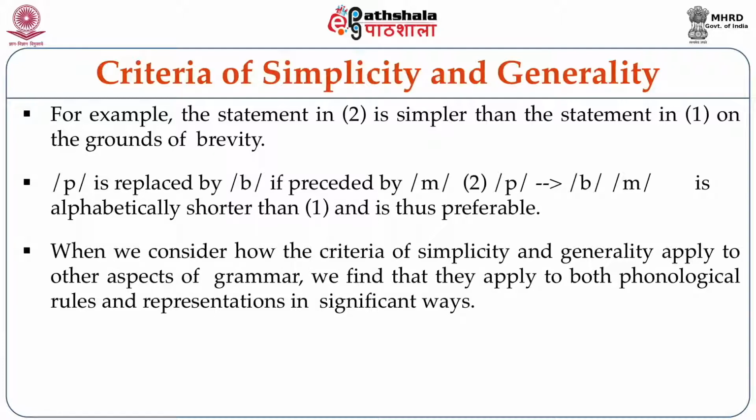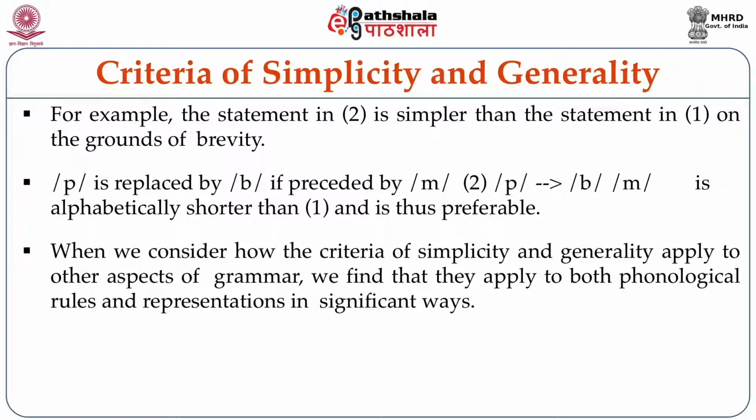The second way in which grammars can be simpler is to remove all the redundancy in the lexical representations of forms. So, if certain relations amongst the features are predictable, then in the grammar, in the lexical representation, we can remove the predictable features.